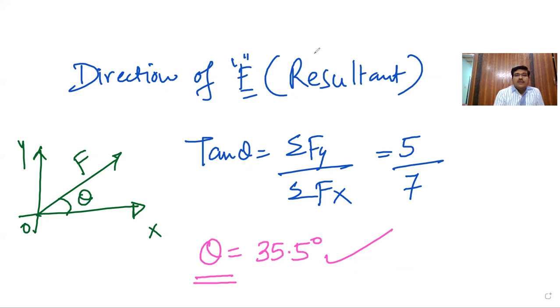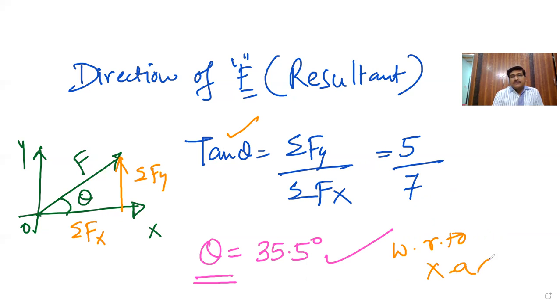So the sum of all the components along the y-axis, sigma Fy, and the sum of all the components along the x-axis, sigma Fx. In this entire triangle, tan theta is the opposite side by the adjacent side. This is with respect to the x-axis.